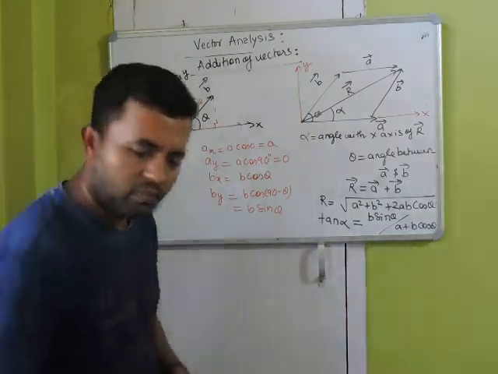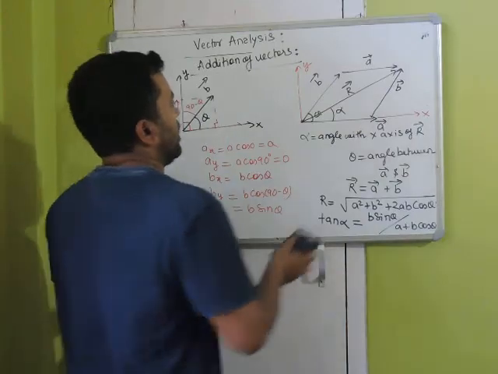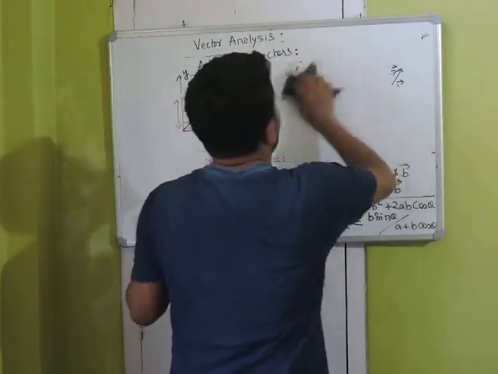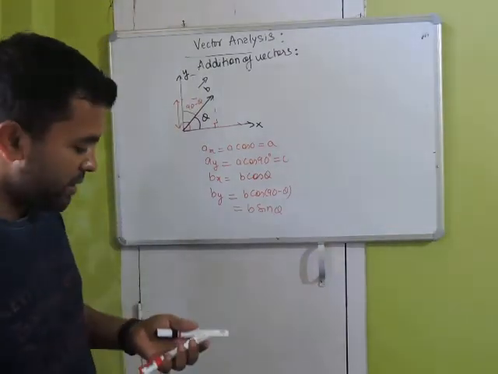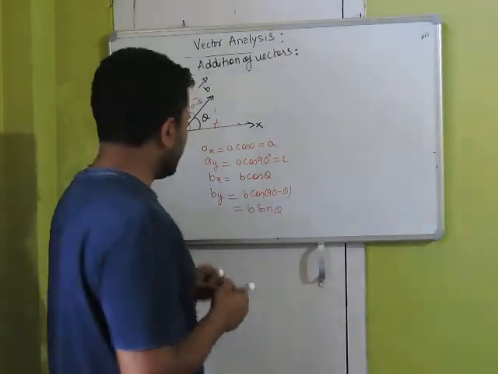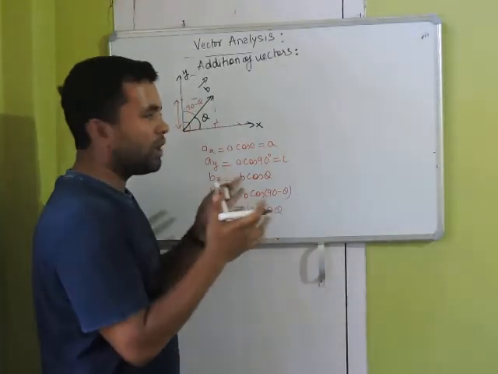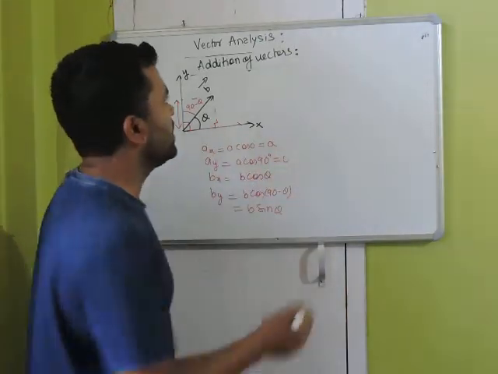Now, how do we find the resultant? Right now we are doing it for two vectors, but we can generalize it.